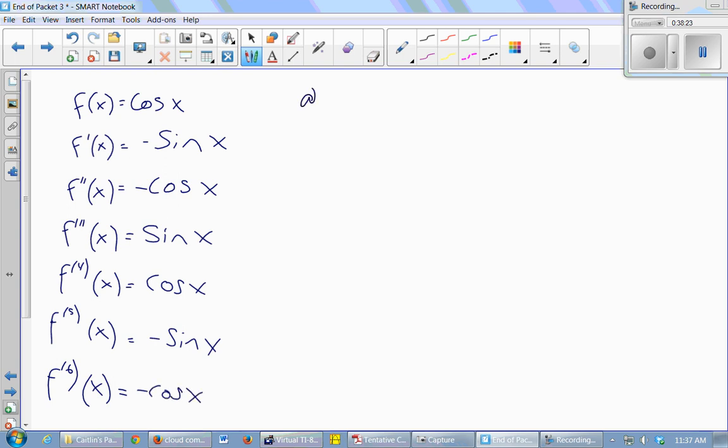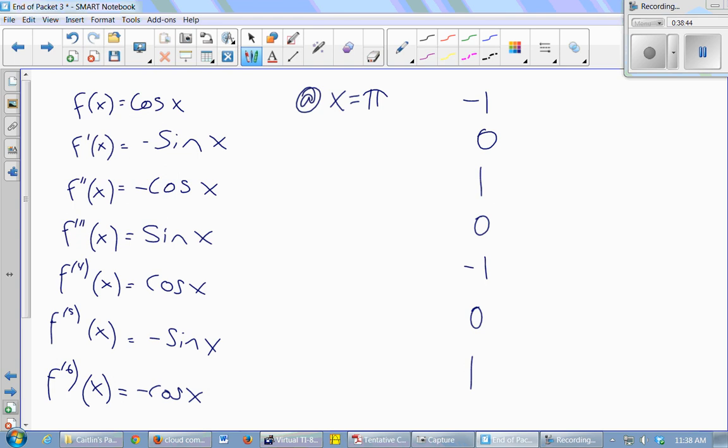Then I have to evaluate all of these at x equals what? Pi, yeah. Evaluate all of them at the a value that you're working with. So the cosine of pi is negative 1. Sine of pi is 0. Positive 1, 0, 1, 0, positive 1.